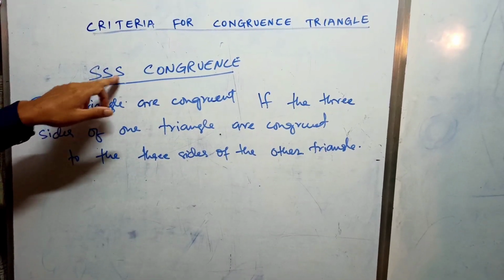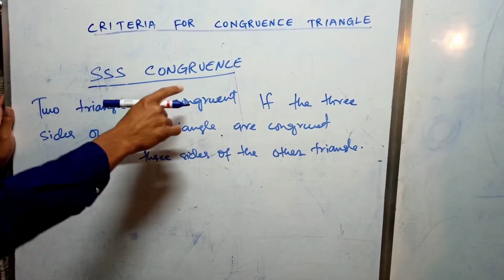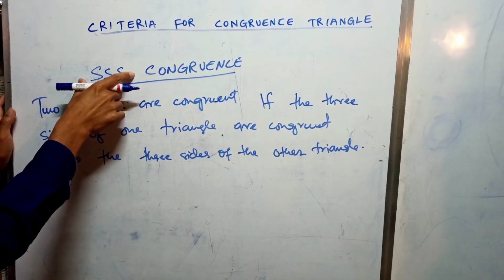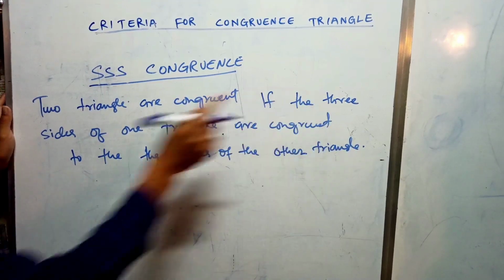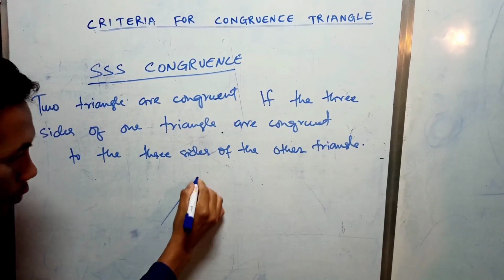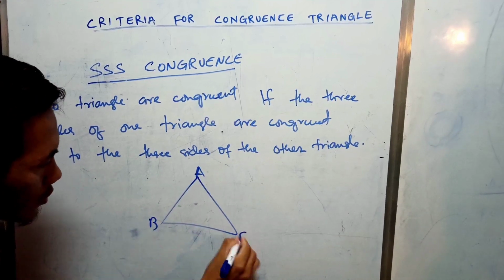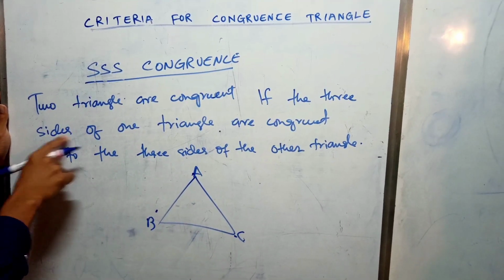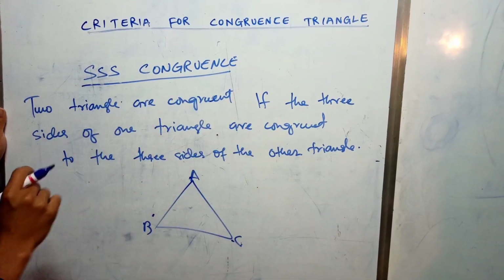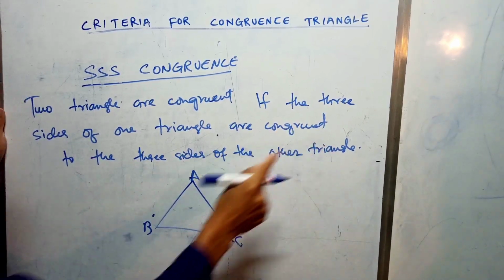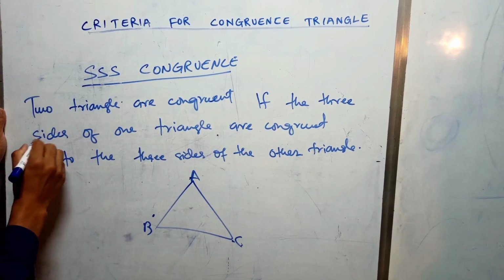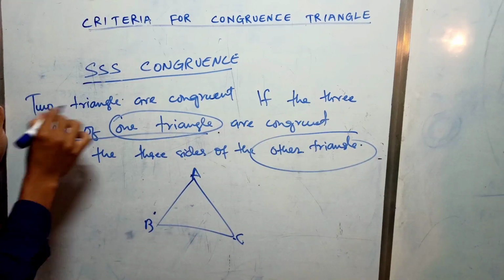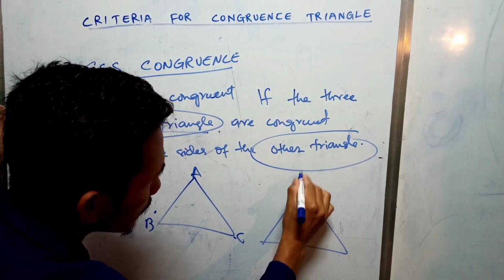S means side congruence. Two triangles are said to be congruent in side congruency if the three sides of one triangle, let's take one triangle ABC, are congruent to the three sides of the other triangle PQR.